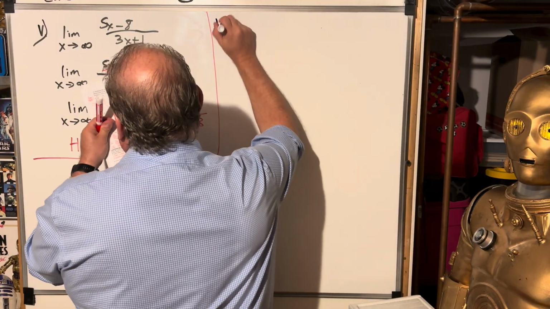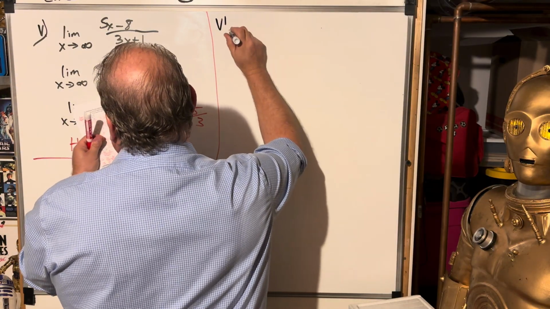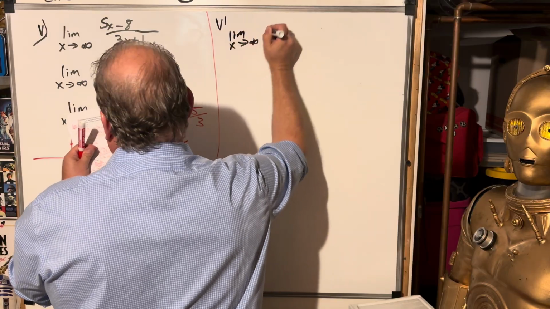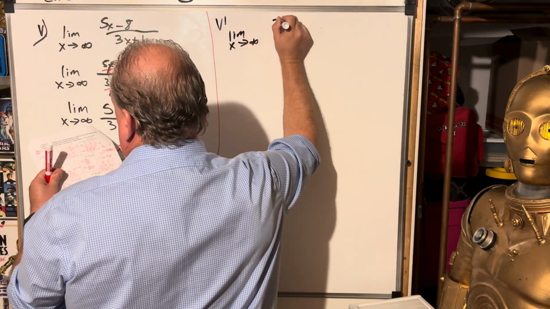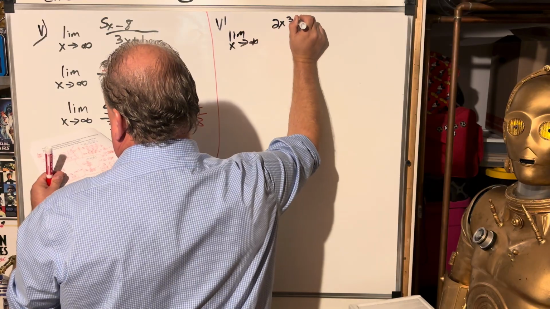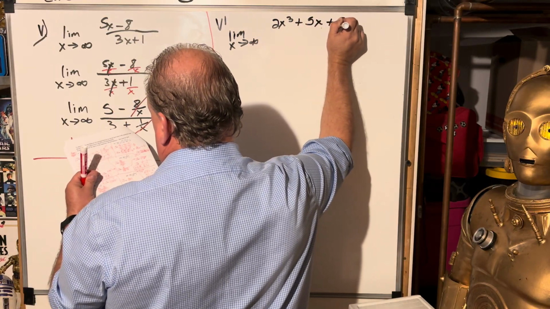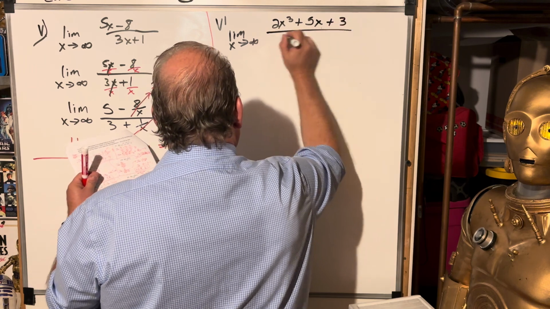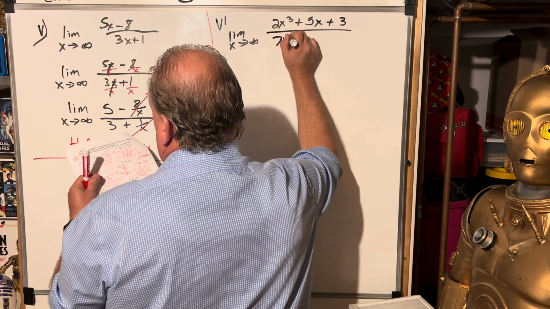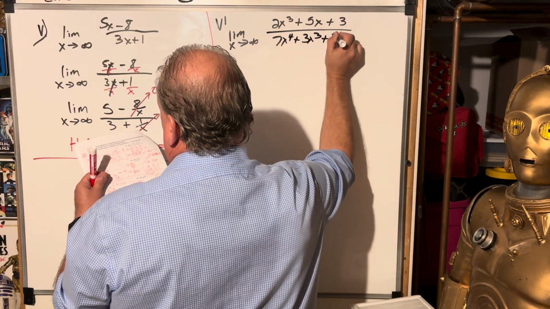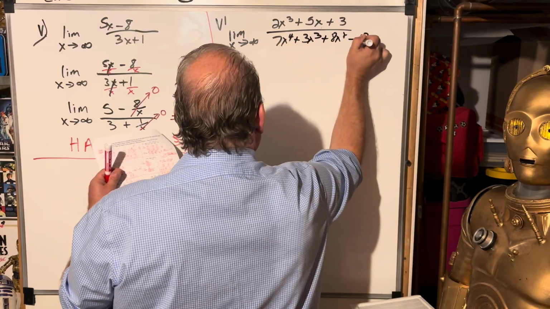All right, let's look at number 6. We've got the limit as x approaches infinity of 2x cubed plus 5x plus 3 over 7x to the 4th plus 3x to the 3rd plus 8x squared minus 13.